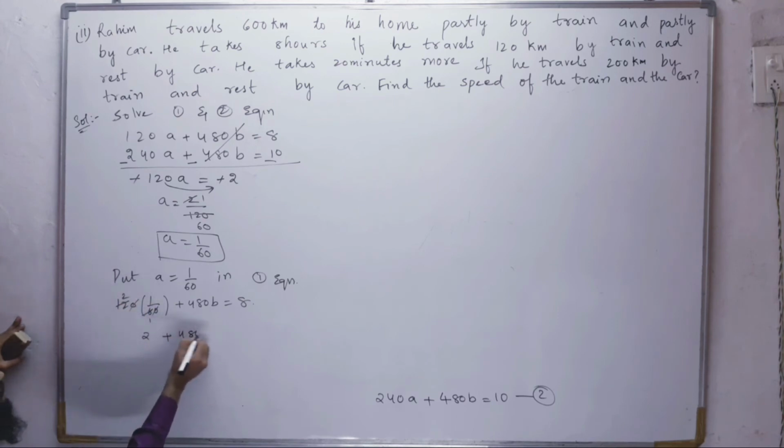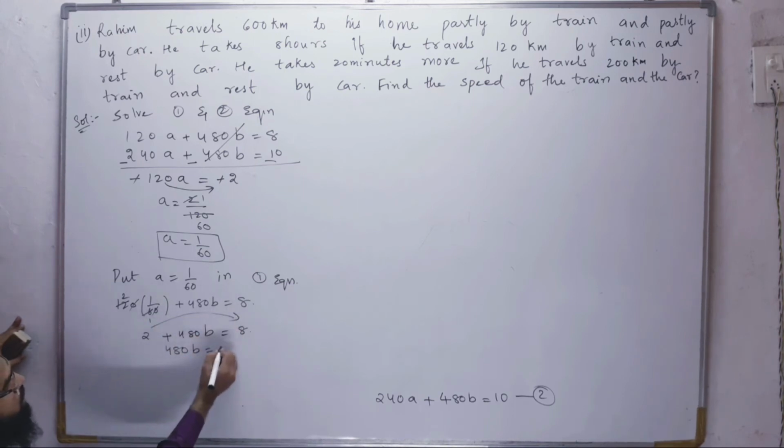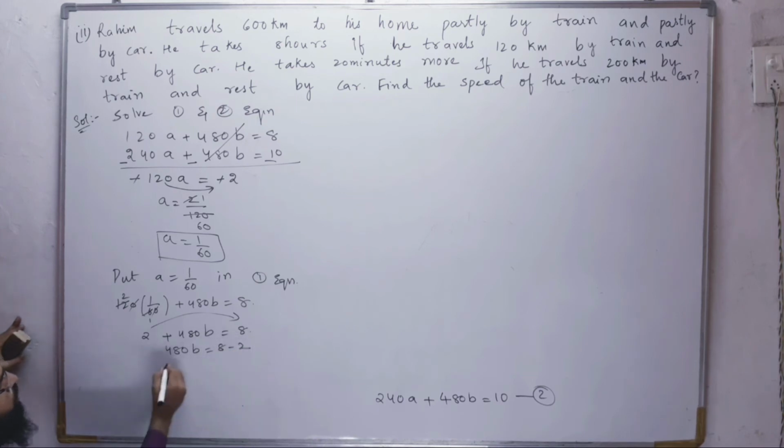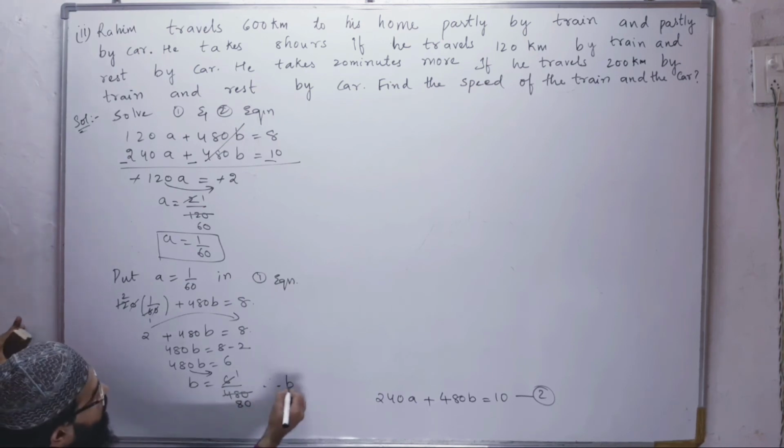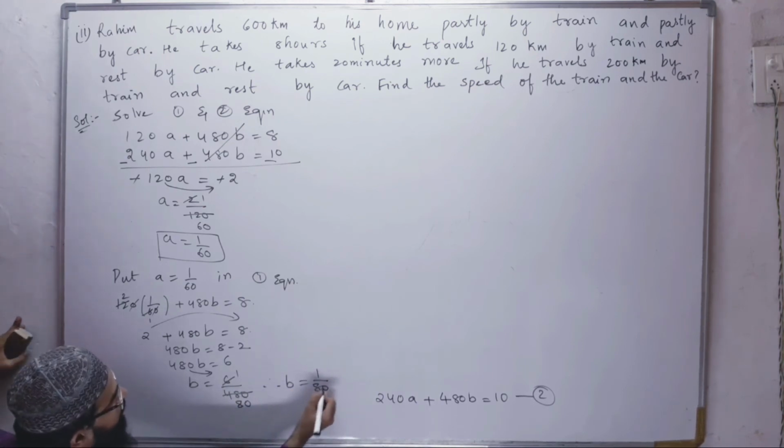So 2 plus 480b is equal to 8. So 2 goes there: 480b is equal to 8 minus 2, so 480b is equal to 6. 480 comes down, b is equal to 6 by 480. 6 ones are 6, 6 eighties are 480. So b is equal to 1 by 80.